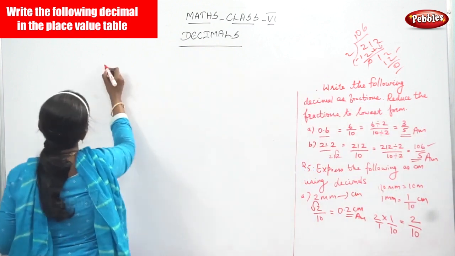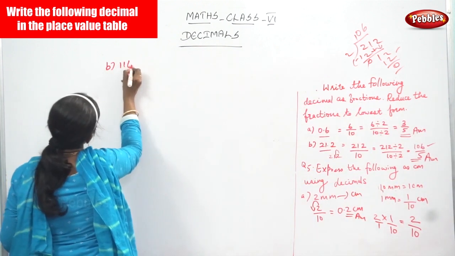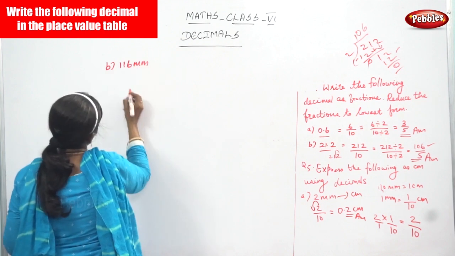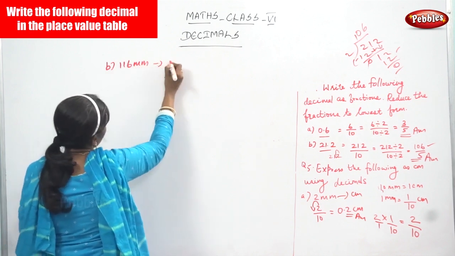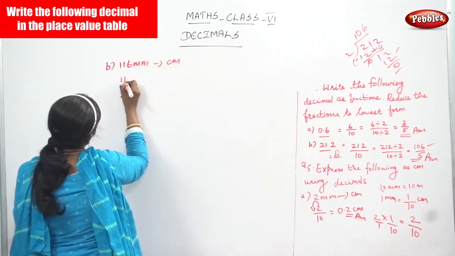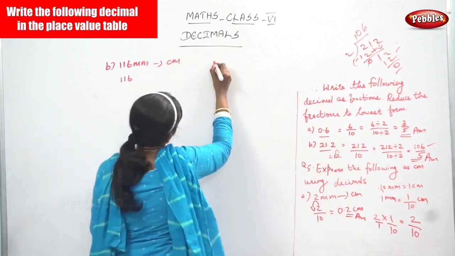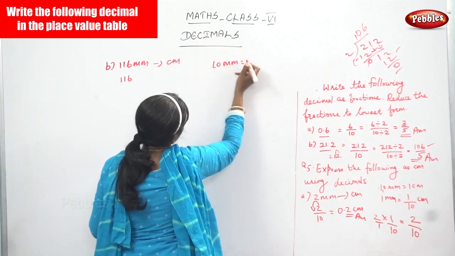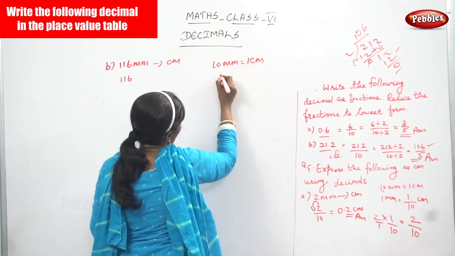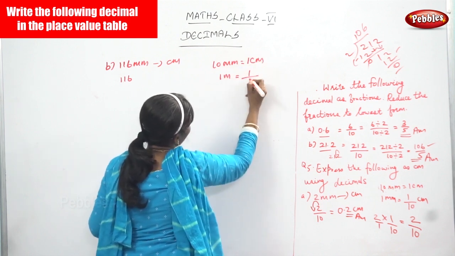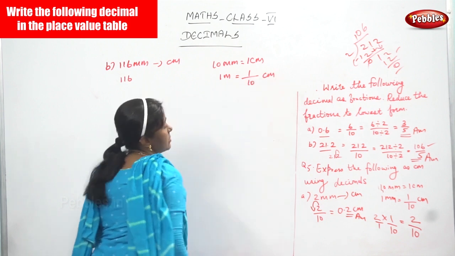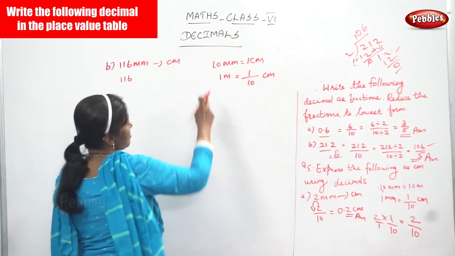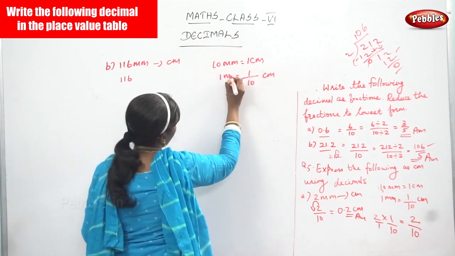Okay. Second B question, 116 millimeter. So now we are going to solve the problem. Convert it into centimeter. So 116. I've already told you 10 millimeter you can get 1 centimeter. So if you need 1 millimeter, it means 1 by 10 centimeters is the right answer. Because 10 millimeters is equal to 1 centimeter, and you need 1 millimeter.